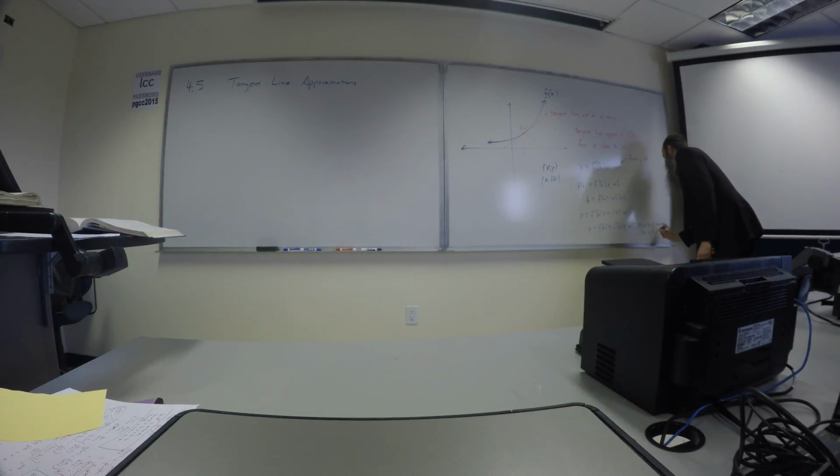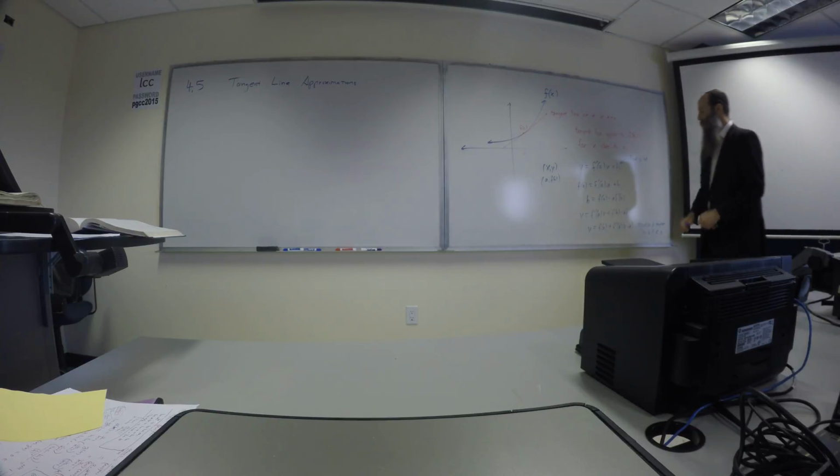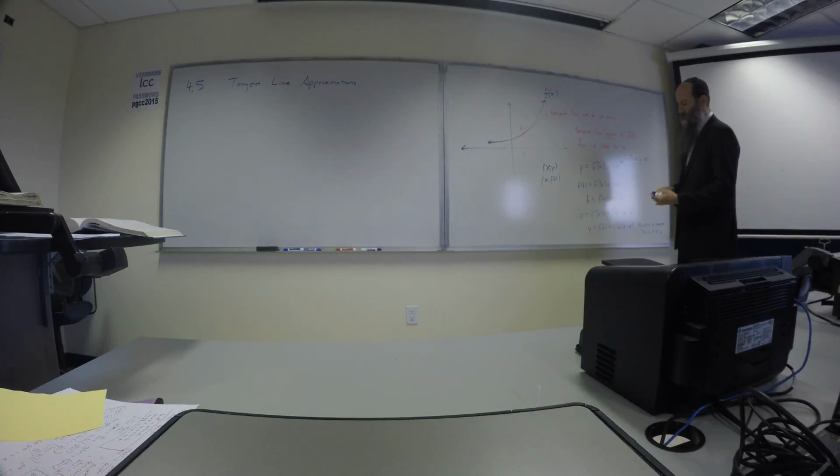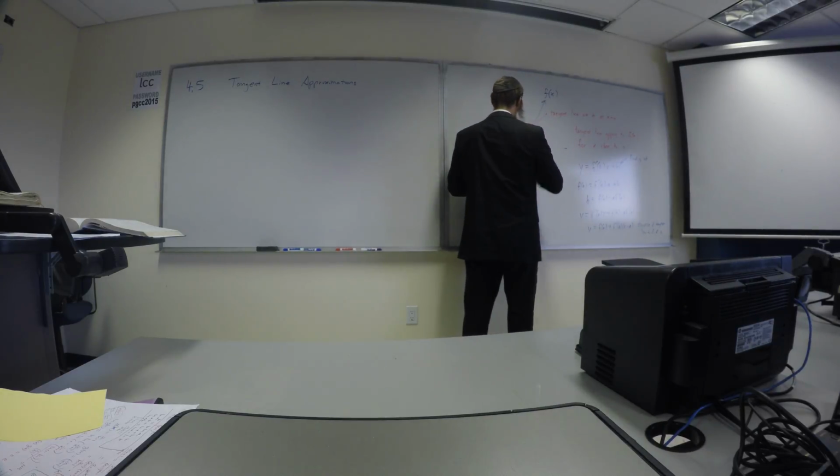to f at a. So what we're going to do now is use this as an approximation to the function itself. So for values that are, say, close to a, somewhere in here, you can go out a little distance from a. We'll call it x, not x. And that would map up to this location here on the tangent line.